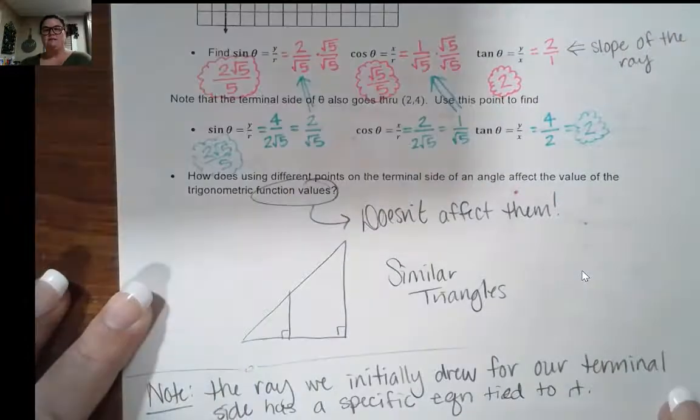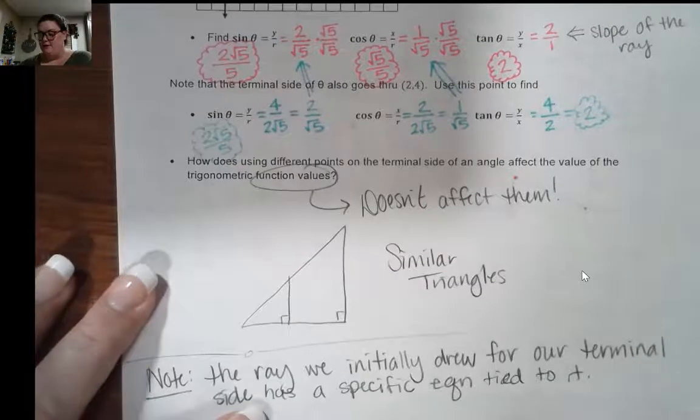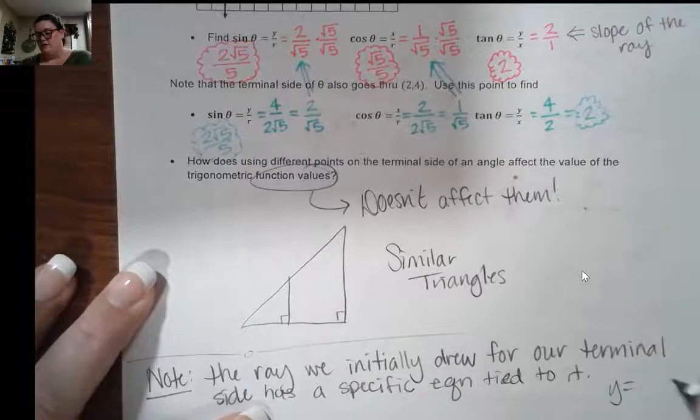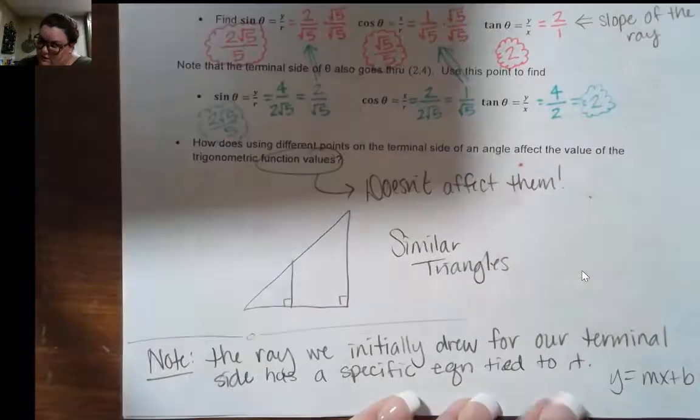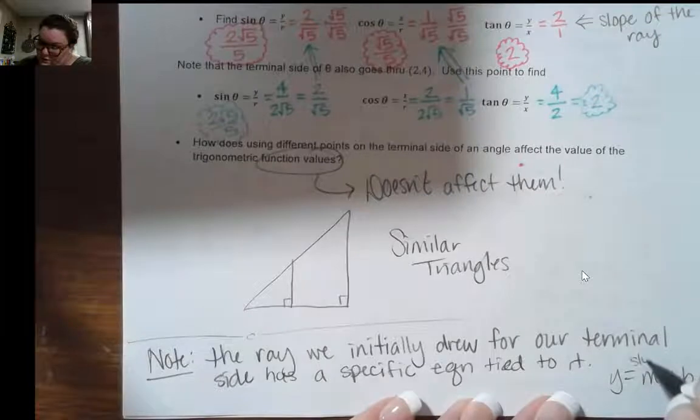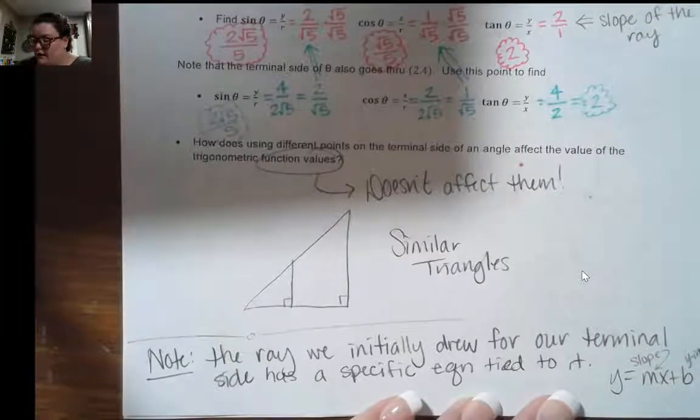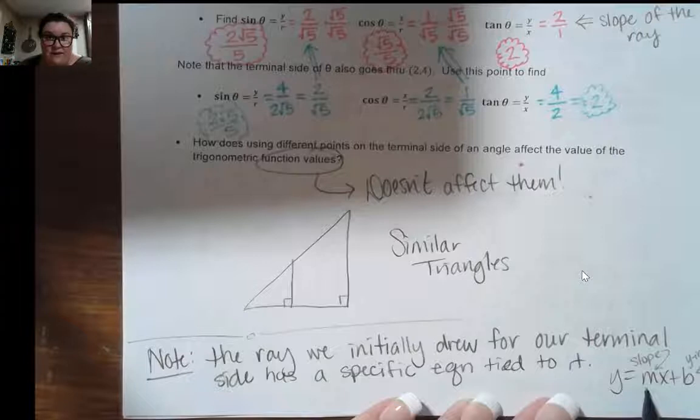When I say a specific equation, I'm talking about y equals mx plus b. In order to find that specific equation, all we need to know is our slope, which is our m value, and our y-intercept, which is our b value. Remember, our slope we get from our tangent value, and our b value is our y-intercept.